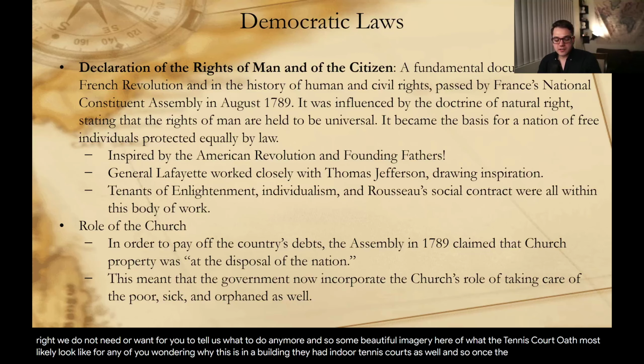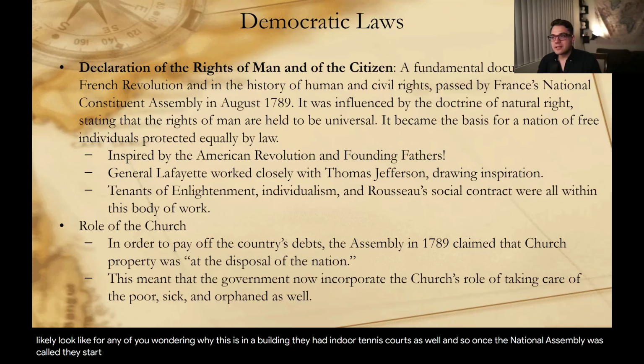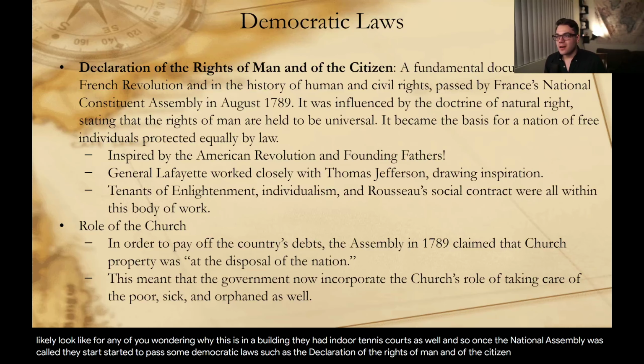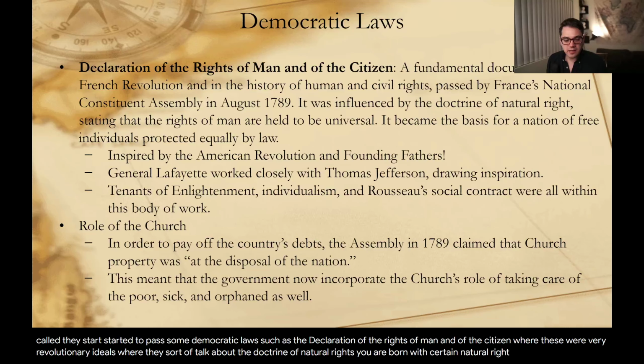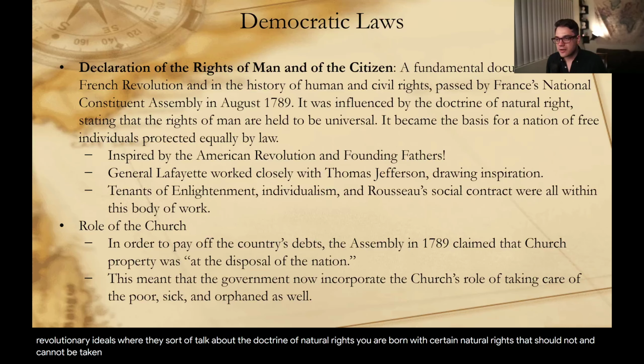And so once the National Assembly was called, they started to pass some democratic laws, such as the Declaration of the Rights of Man and of the Citizen, where these were very revolutionary ideals, where they started to talk about the doctrine of natural rights. You are born with certain natural rights that should not and cannot be taken away from you.